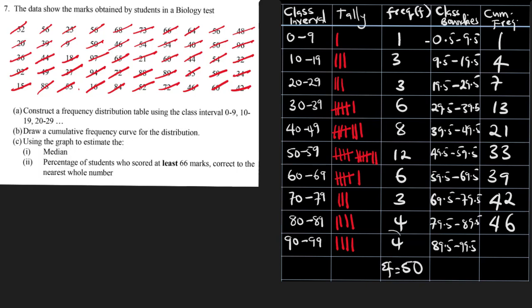Then 46 plus lastly 4 gives us 50. You can see that the last value of the cumulative frequency should be the same as the total frequency. So this is our frequency distribution table, and we are done with question 1A. Let's move to question 1B.